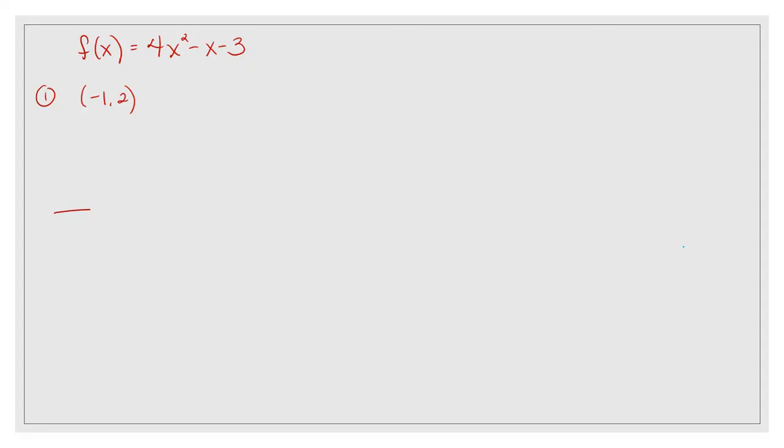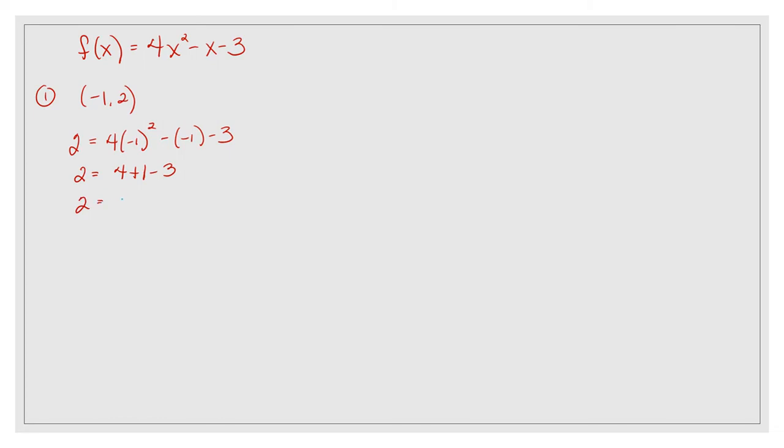So, looks like we are going to have to do some plugging in. The -1 is x, the 2 is y. So we have 2 equals, right? Okay, you do your work. I'm going to do my work.